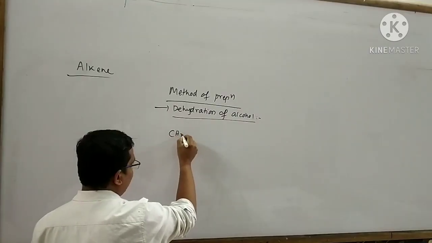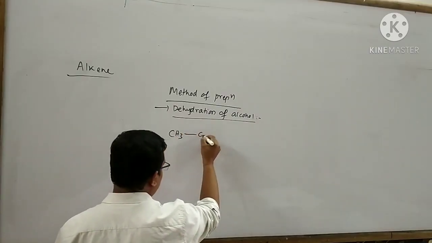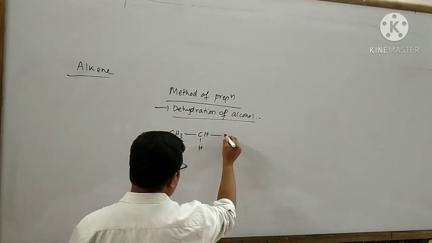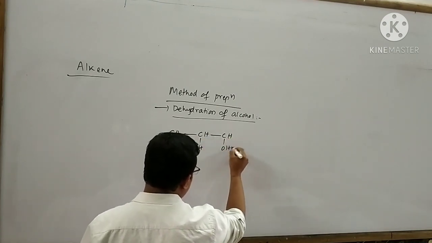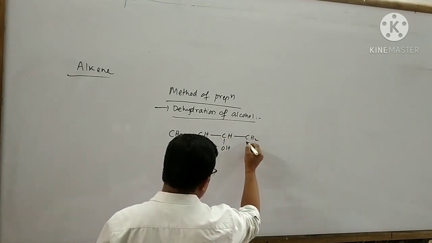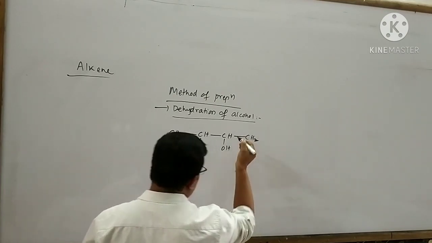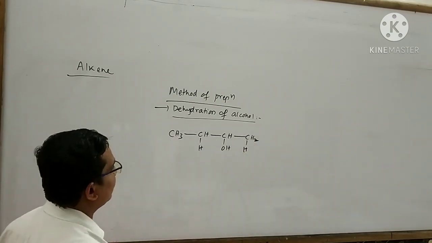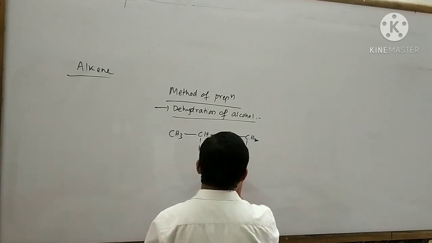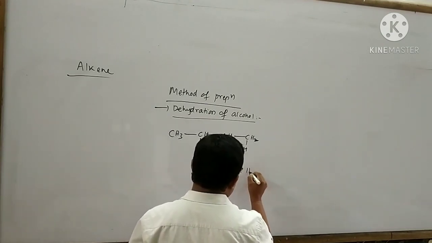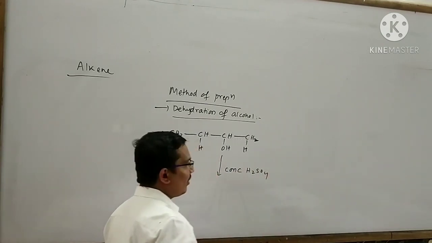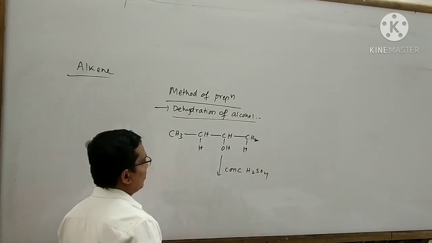Suppose I take another example: CH3 bond CH bond H bond CH bond OH bond CH2 bond H. Suppose this compound is subjected to reaction with concentrated H2SO4, then what will happen? Dehydration takes place.